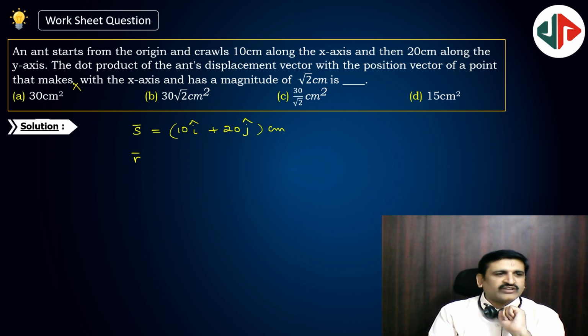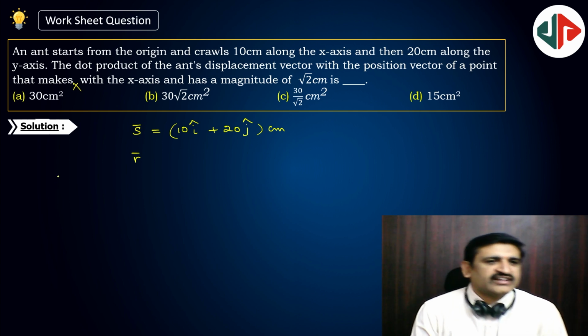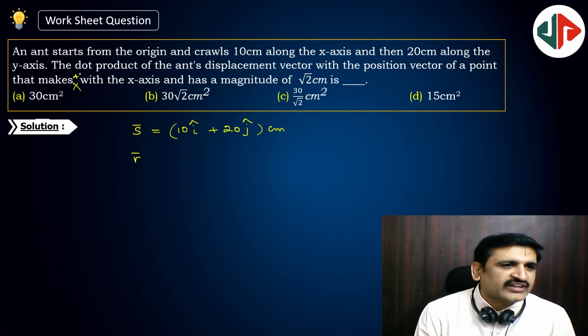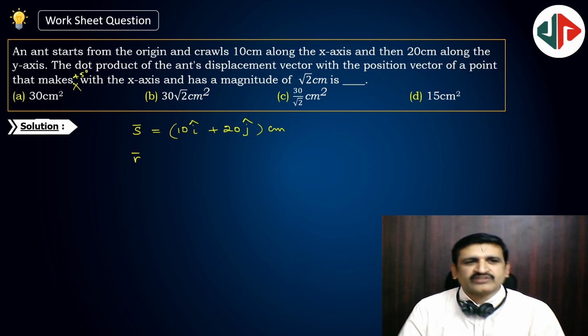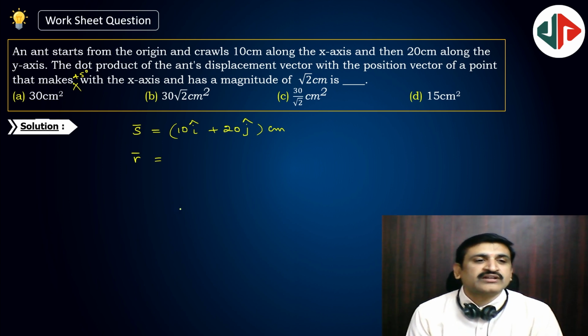That I have to find out. 45 degrees, yes, this is 45 degrees, that is missing in the question. It's a previous year question, I can recollect. So as it is 45 degrees, I can write its magnitude must be root 2 centimeters.